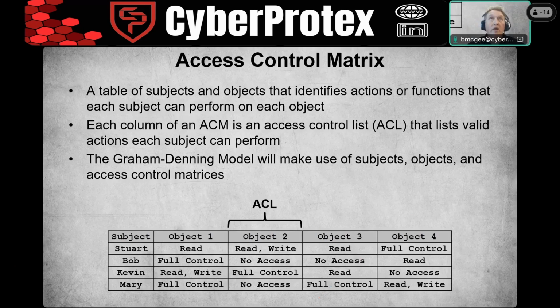There's one, for instance, that is called the Graham-Denning model, and it is also referred to as the access control matrix model. Typically, for purposes of your exam, you'll see it asked in a way of the Graham-Denning model.